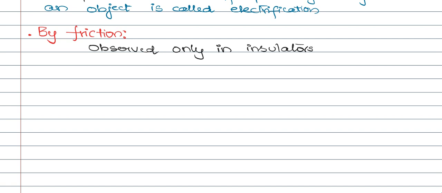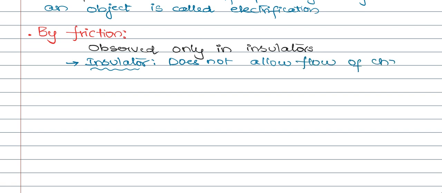So what is meant by an insulator? An insulator does not allow flow of charges. We'll call that an insulator.